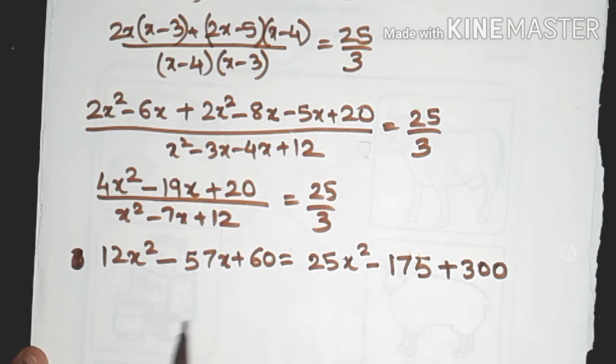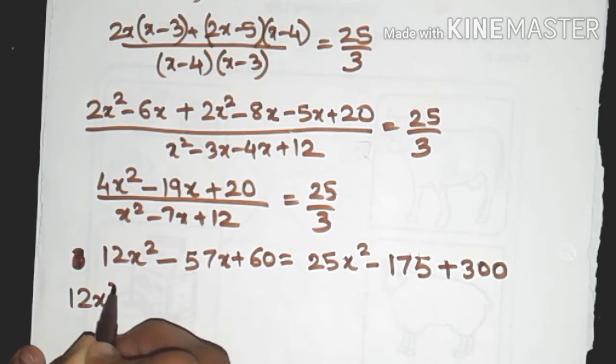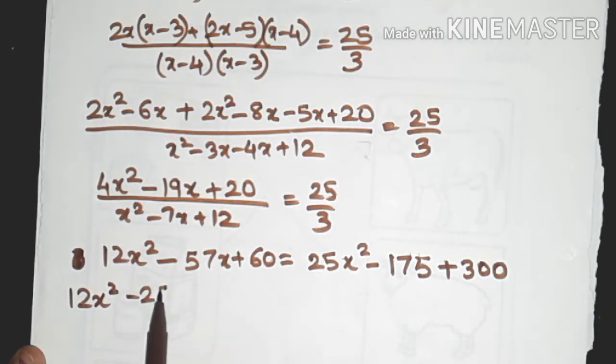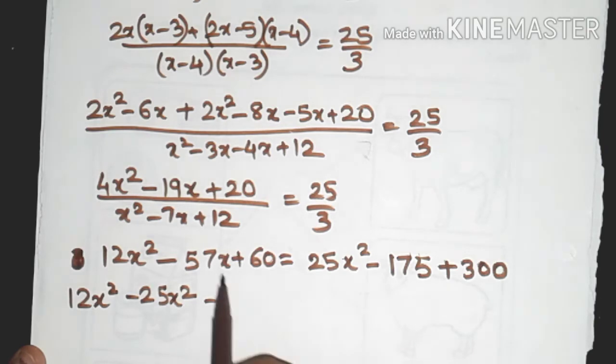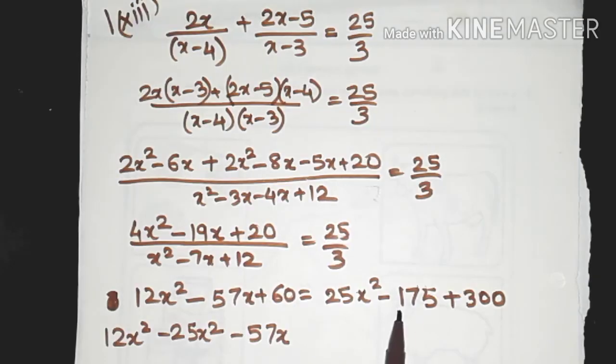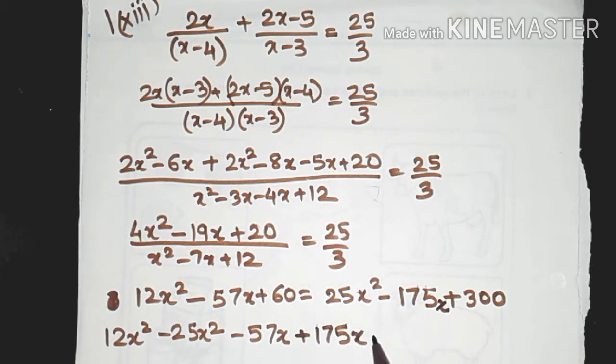So I'll bring all the terms to the left hand side, okay? So I'll get 12x square minus 25x square. This 57. Friends, as you can see, I have completely forgotten to put an x term here next to 175. So when you are doing, please don't make that mistake. Be careful. So I'll bring it over here. 175x minus 300 plus 60 is equal to 0.